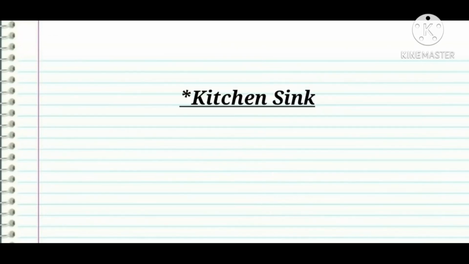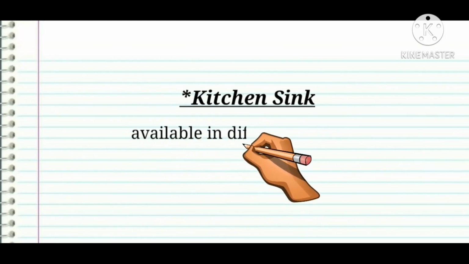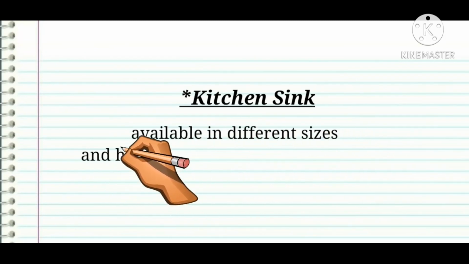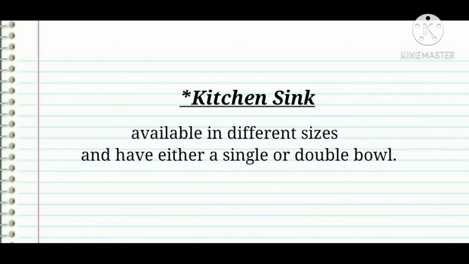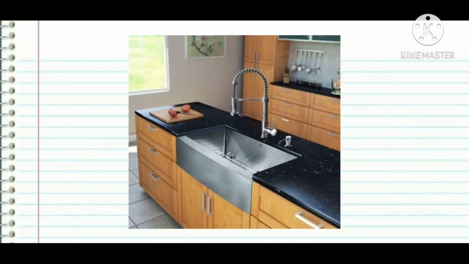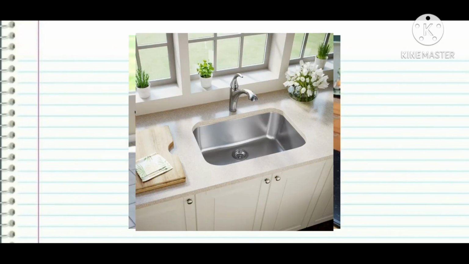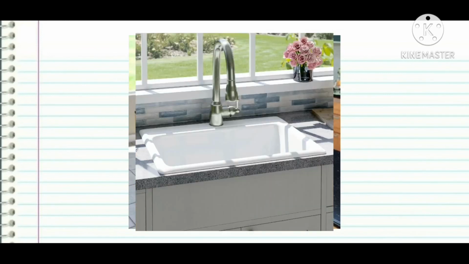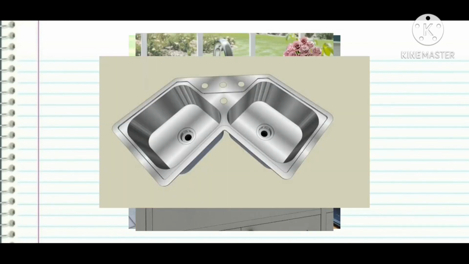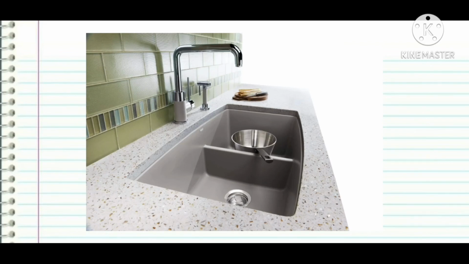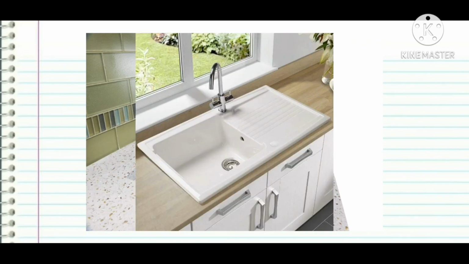Sa kitchen sink, it is available in different sizes and have either a single or double bowl. Maaari siyang drop-in sink, under mount, apron-front sink, corner sink, low divider sink, or meron siyang drain board sink.